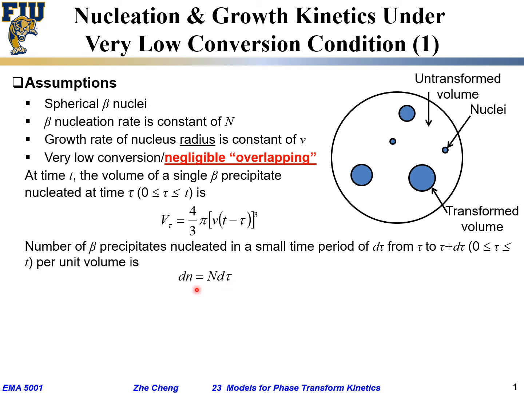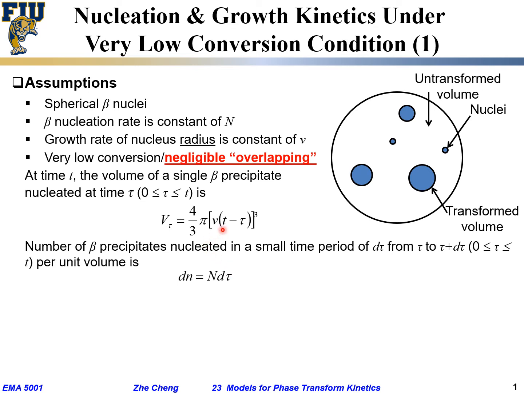So this equation, dn, tells us the number of new beta precipitates created in the small incremental time d tau, from tau to tau plus d tau. This equation gives us the number of new nuclei formed.